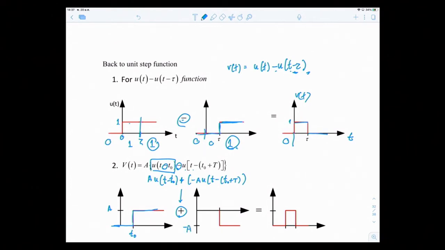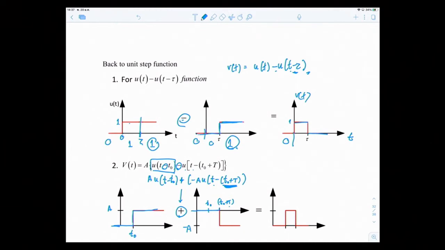And it's delayed by, so this is t0, and this is t0 plus T. It is delayed by this value T, so when you do it, it's all 0 right here.